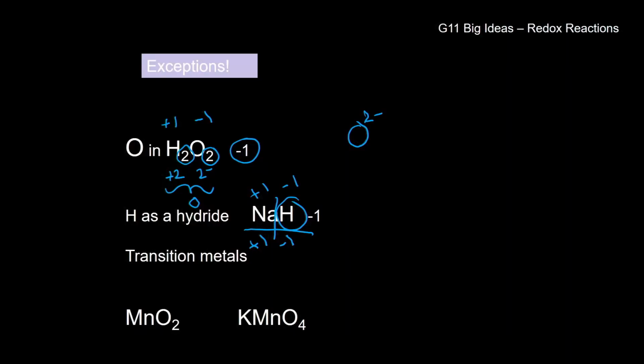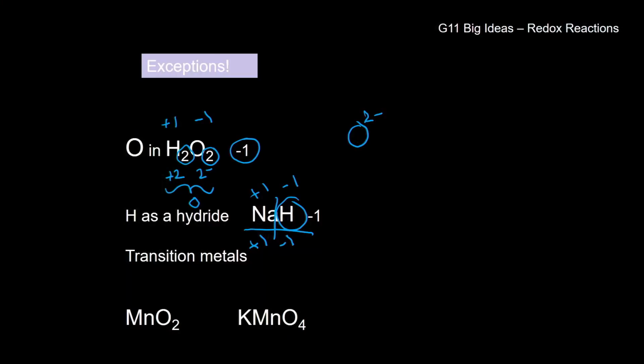Now, let's have a look at our transition metals. Our transition metals, as I said before, depend on who they're with, whether they're going to give electrons or take electrons when they are in this reaction, in this bond. So let's have a look at manganese dioxide. What I do is I normally put a line through there like that. I know that oxygen is going to have a unit oxidation number of 2 minus.